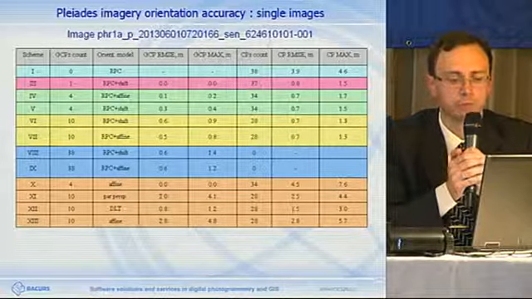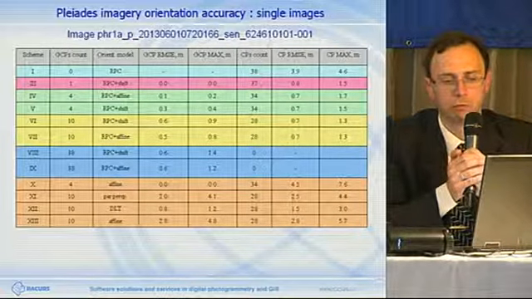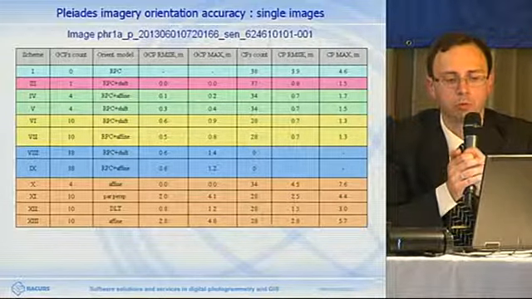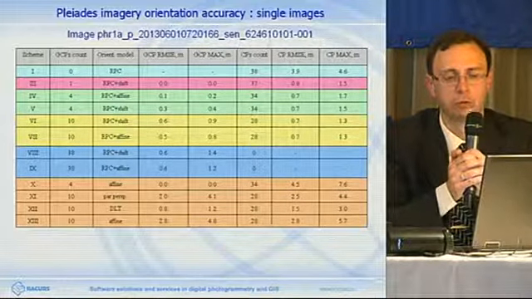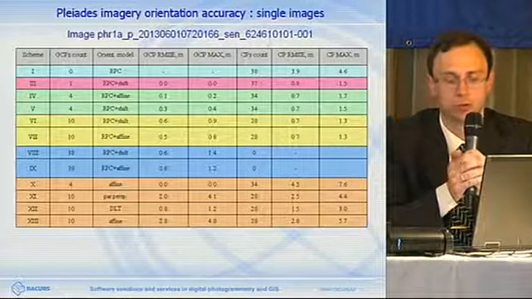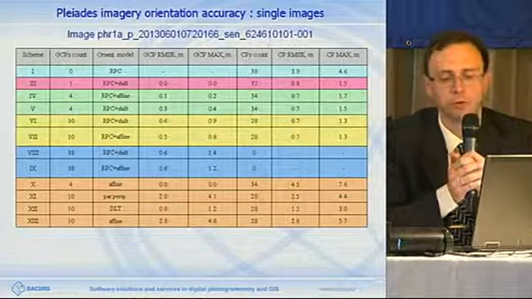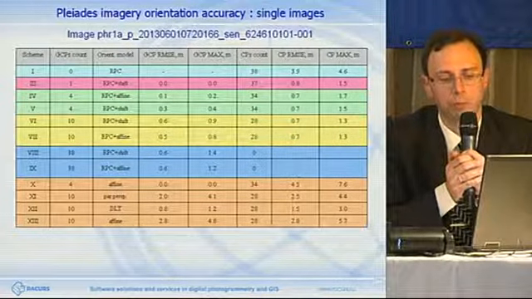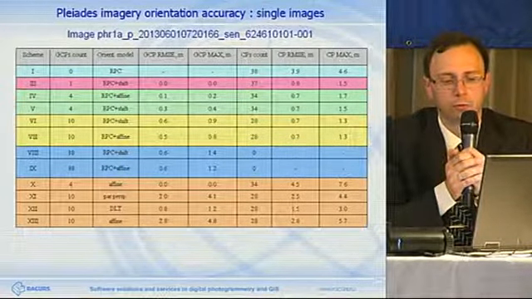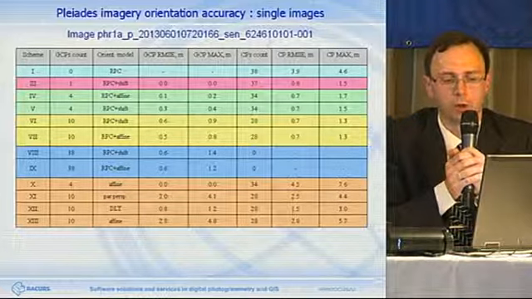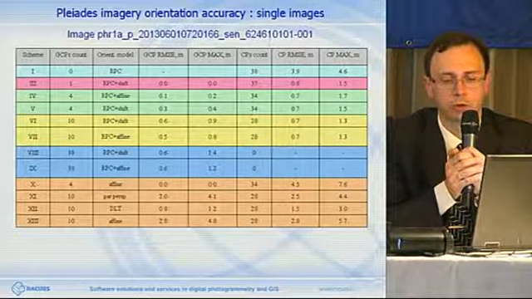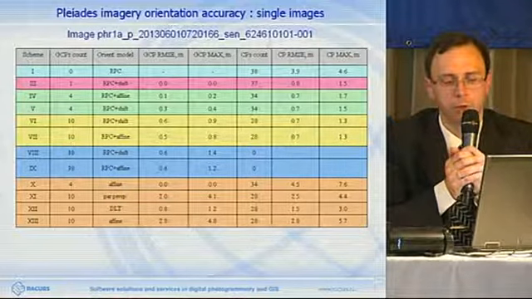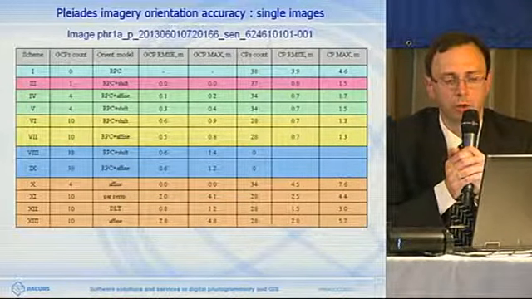So if we look only at this table, we can conclude that with such adjustments as bias or fine refinement, with one GCP only we can get a good accuracy, despite the fact that the Pleiades products are supplied in 0.5 meters, but their raw resolution is 0.7, and they do resampling for it.